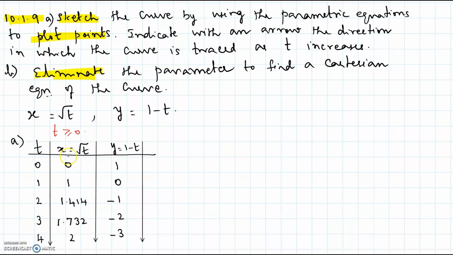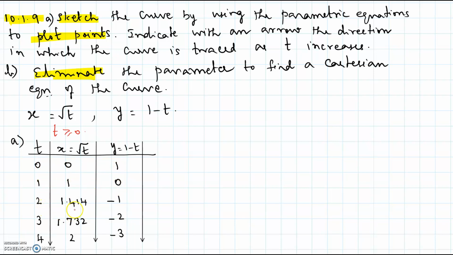So we'll substitute t equal to 0 into the first relation x equal to square root of t and get the corresponding x. Similarly, substitute t equal to 0 and find y from the relation y equal to 1 minus t. So when t equal to 0, we get the point (0, 1). When t equal to 1, we get (1, 0).